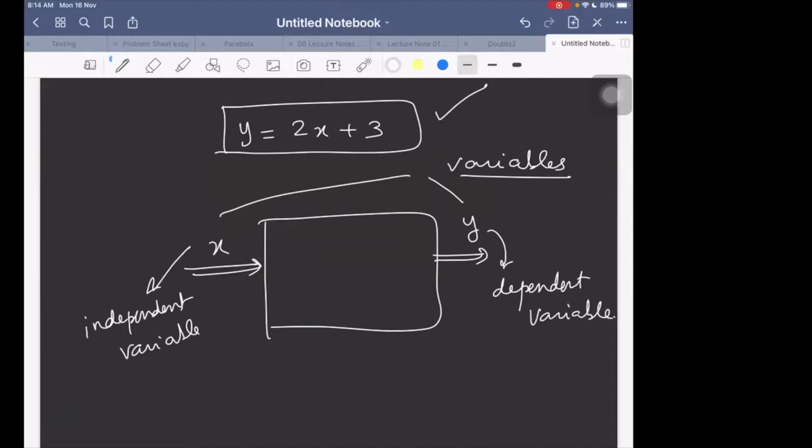So the idea is simple. A linear equation can have constants or parameters showing up in the equation, so there's nothing to worry about that. When that constant takes different values, it keeps generating different types of functions, equations or expressions.